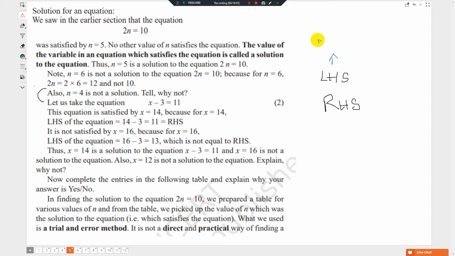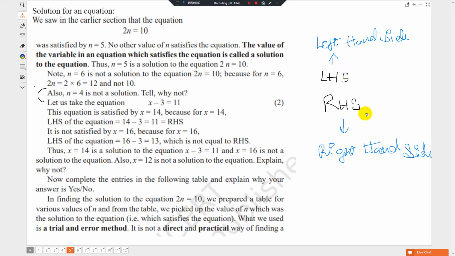LHS means left hand side, and RHS means right hand side.